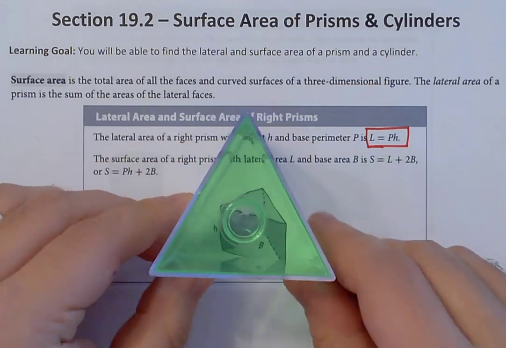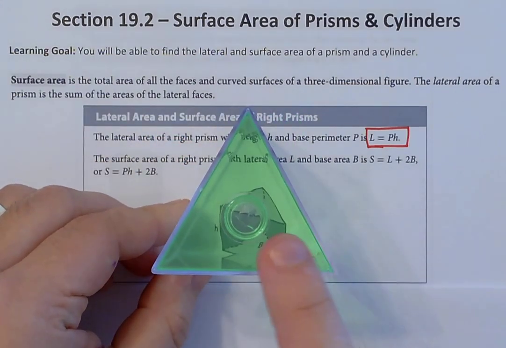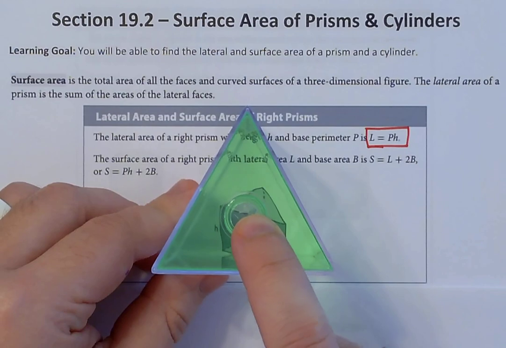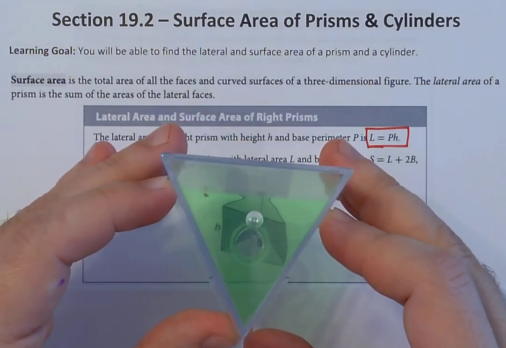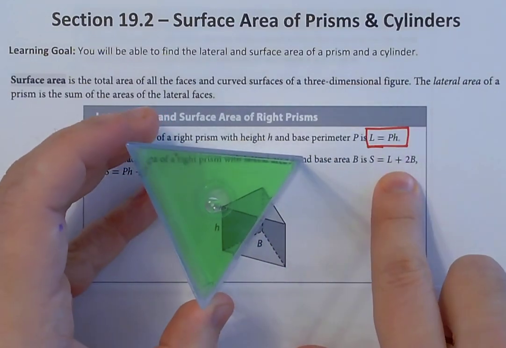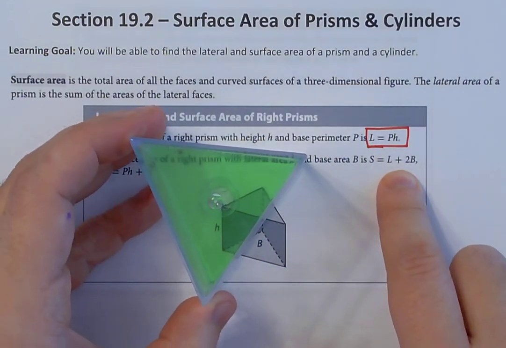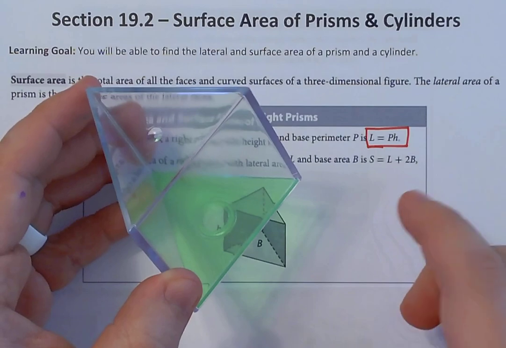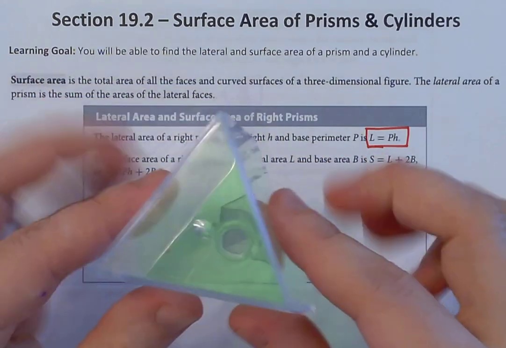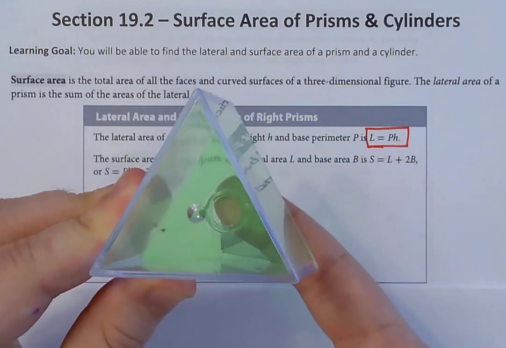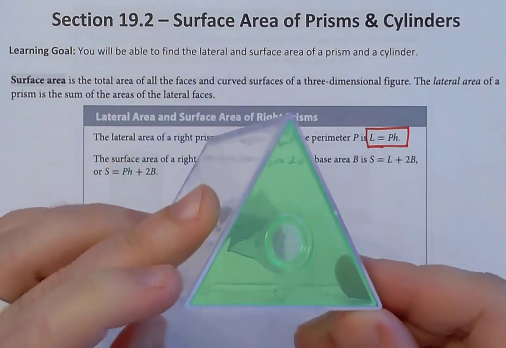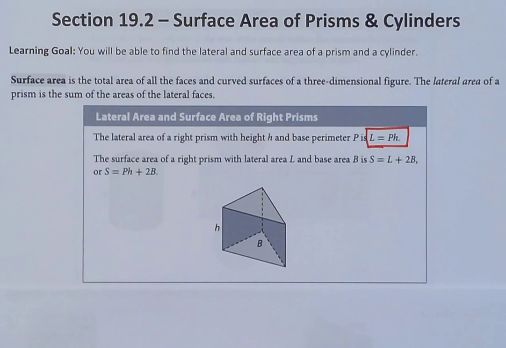If we have a triangular base, you have to find the area of this triangle and multiply it by 2 because you have 2 bases. You're going to add that to the lateral area, and that's going to tell you the surface area, because the lateral area would be the 3 sides, and the area of the 2 bases tell you the top and the bottom, giving you the full surface area.